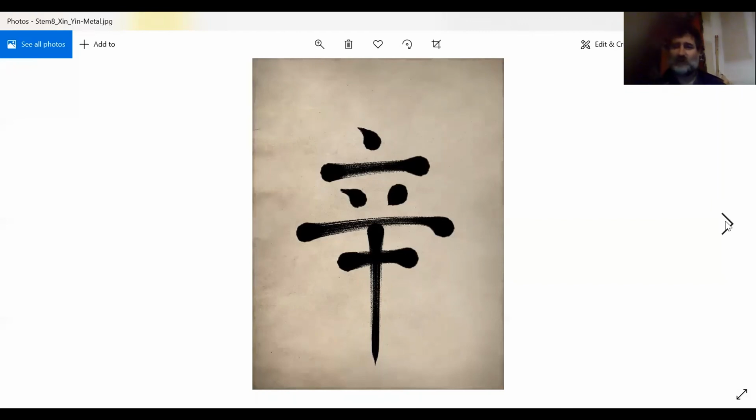So refinement, going from all of this expression to, okay, let's bring everything down to the basis. Like a tree dropping its leaves, it is bringing the chi back to a concentrated state. So this is Yin Metal. Very important in the process of alchemy.